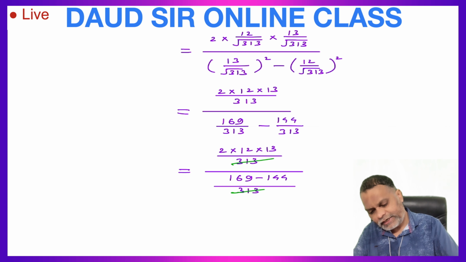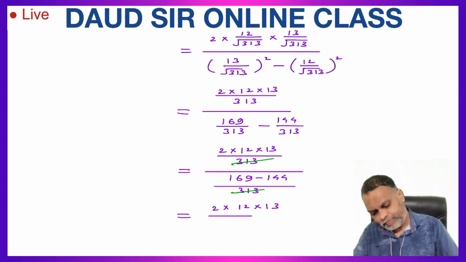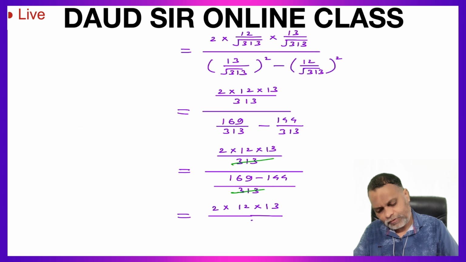This 313 and 313 cancelled, which is equal to 2 into 12 into 13 upon 169 minus 144, which is 25.